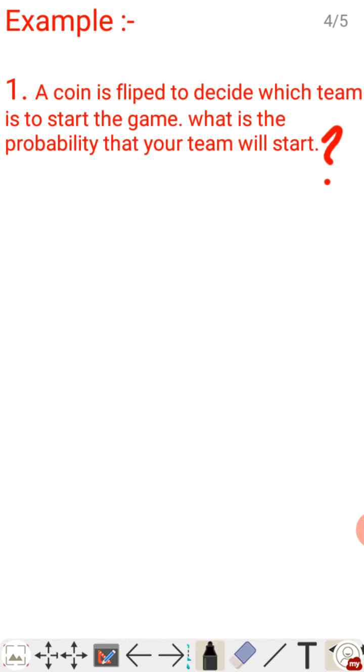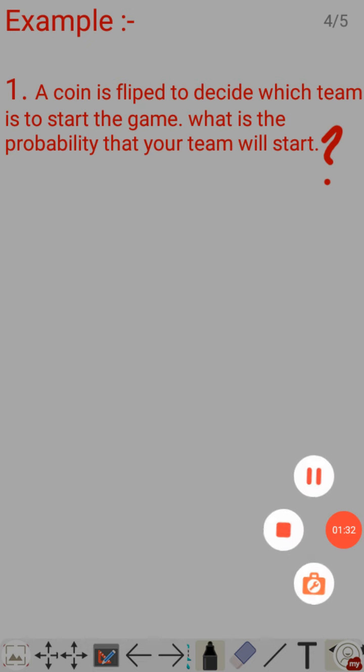You can see in the example, a coin is flipped to decide which team is to start the game. What is the probability that your team will start? Here you can see there are two teams.